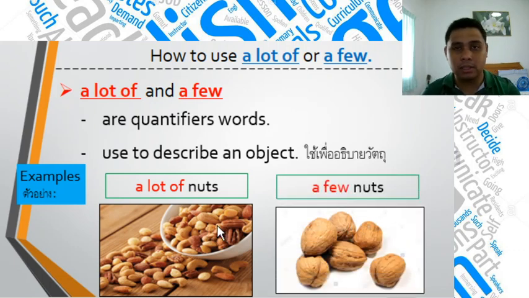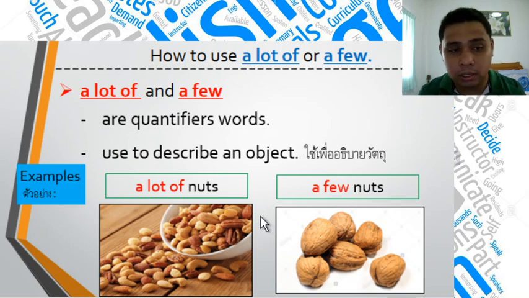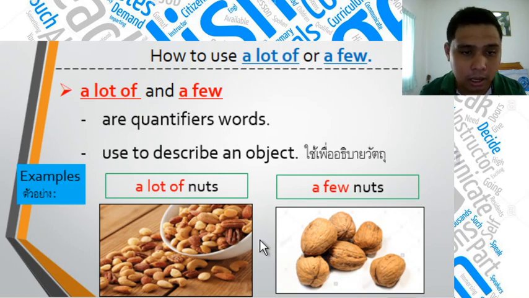Please take a look at the picture on the left side. We have many nuts, while on the right side we have a small number of nuts. So we have 1, 2, 3, 4, 5, 6. Using a lot of and a few is about describing an object, and it depends on how many are in the pictures.